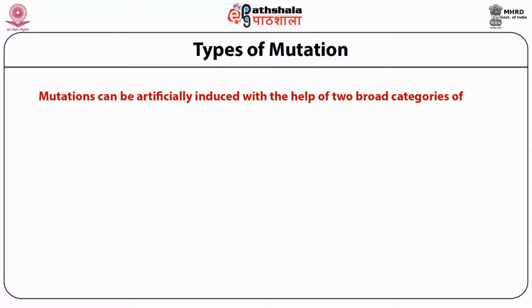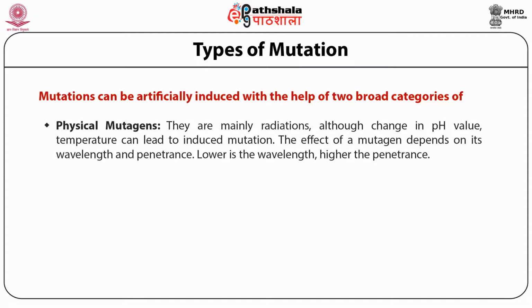Mutations can be artificially induced with the help of two broad categories of mutagens: physical mutagens and chemical mutagens. Physical mutagens are basically radiations such as UV radiation, X-rays, etc. The effect of a mutagen depends on its wavelength and penetrance. Lower the wavelength, higher the penetrance, and more the damage to the DNA.